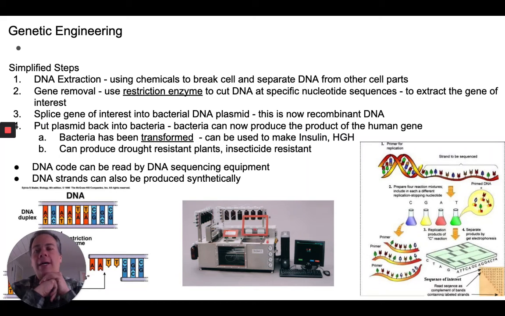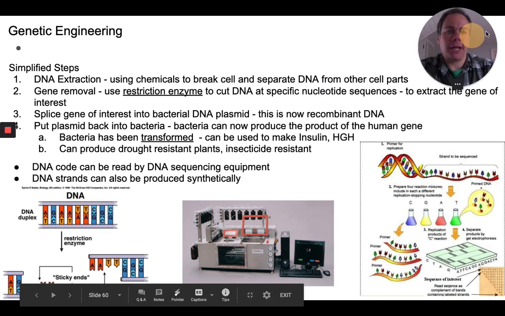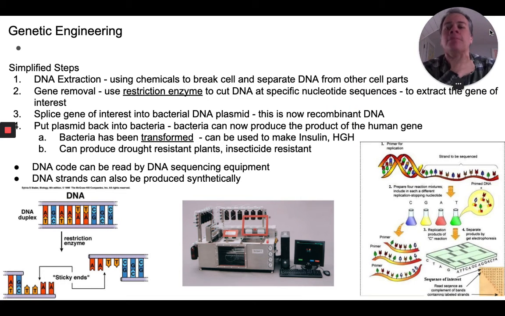So we're going to move on a little bit to talk about modern genetic technology. And we're not going to be able to get into the details of lots of this. We'll give an overview, a background of genetic engineering and modern tools.